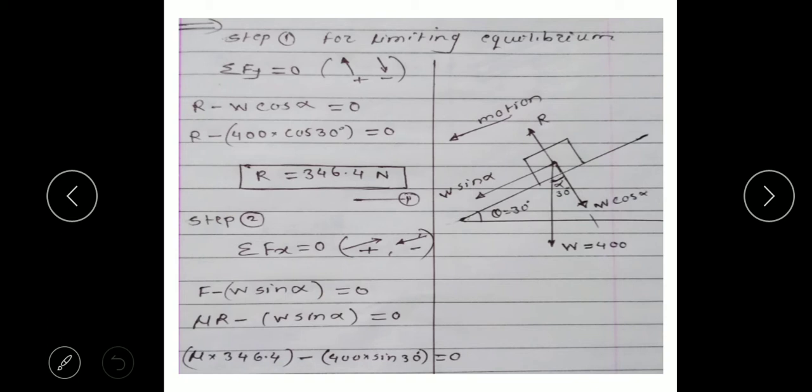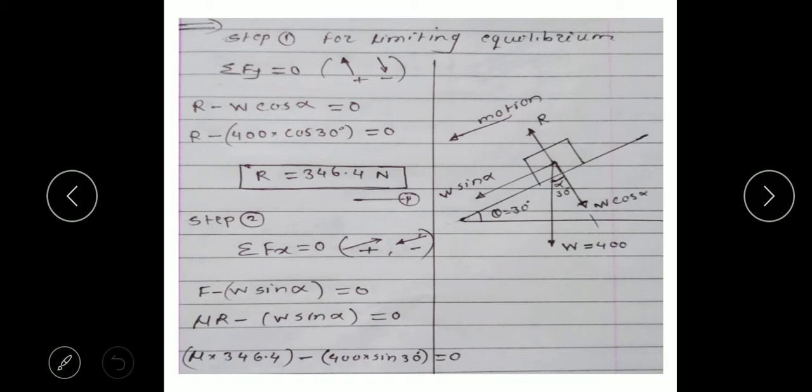The diagram is simple, but one thing you should remember: in this numerical, the external force is not given. If the numerical does not mention an external force, then no need to think about it or try to calculate it, because they are only placing the block on the inclined plane.